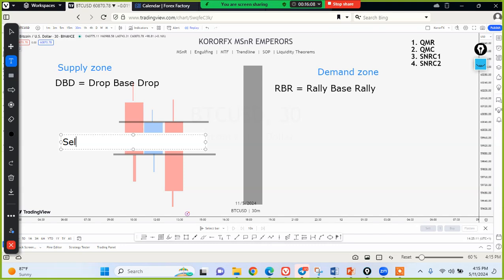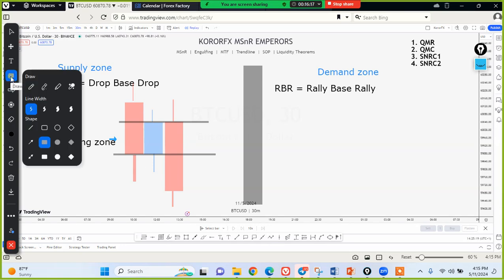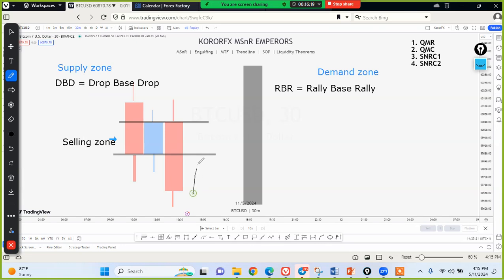This is your selling zone, because this is where you will aim to enter the market when price comes back, and then you sell off. So this is where you call drop base drop: price drops, then creates a base, then again drops. This is really so effective when it comes to supply and demand.